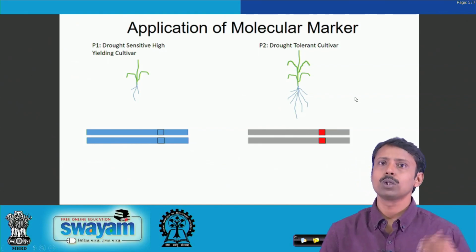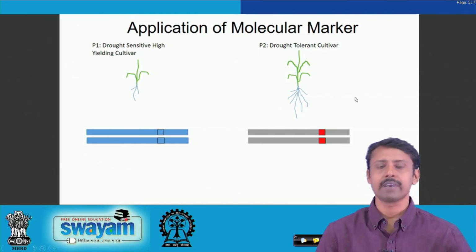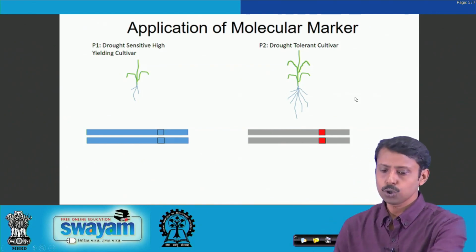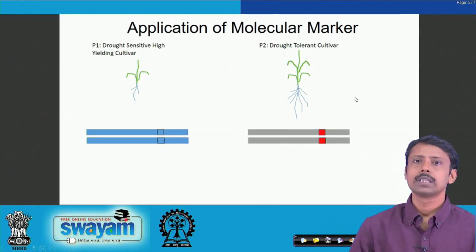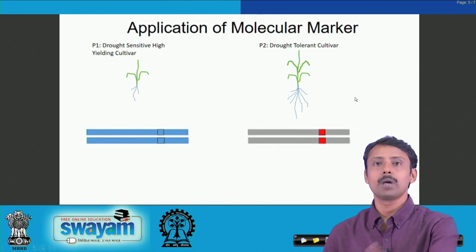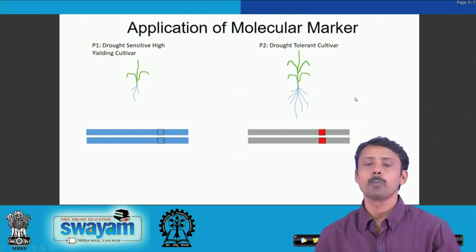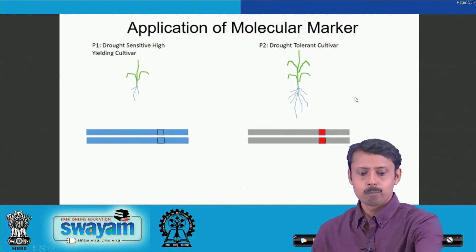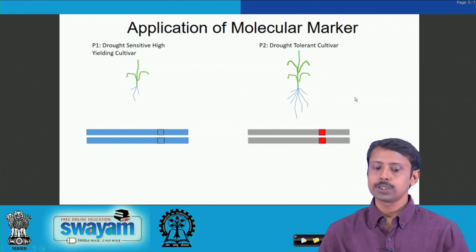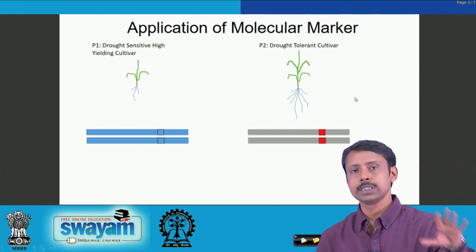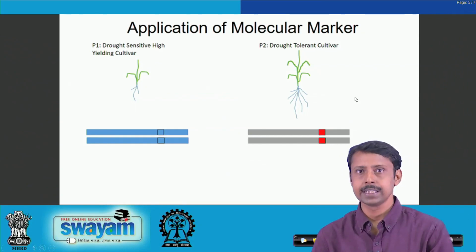Those lackings were improved by backcrossing with another variety which had some resistant trait. Here also we will show the marker assisted backcrossing method. It will be comparable, showing how useful the molecular marker is compared to the conventional plant breeding method. Here the P1 variety is a drought sensitive high yielding cultivar, which was used as a recurrent parent in the backcross method.